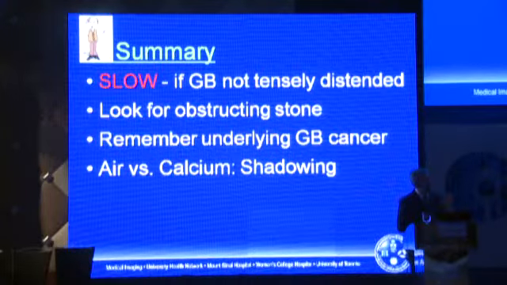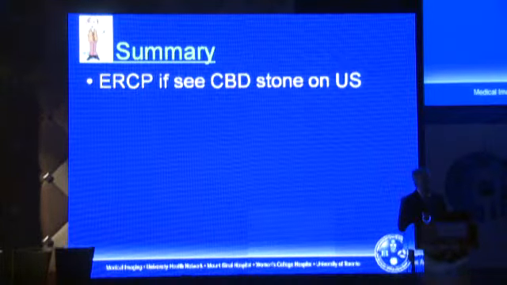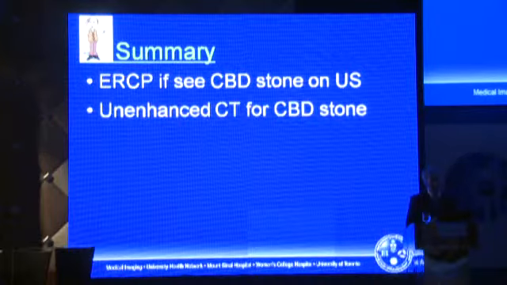Remember, if you're trying to distinguish air from calcium, the best way to do that is the characteristic of the shadow. Remember, if we're talking about CBD stones and you identify a stone confidently with ultrasound, that patient could go directly for definitive management with ERCP.